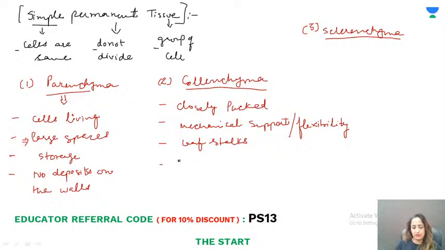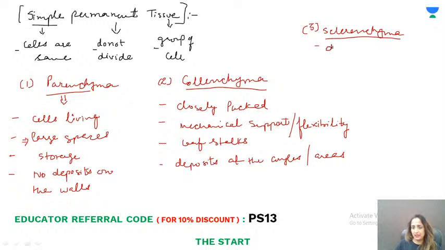and they have deposits at the angles or certain specific areas, right? Then we have sclerenchyma.